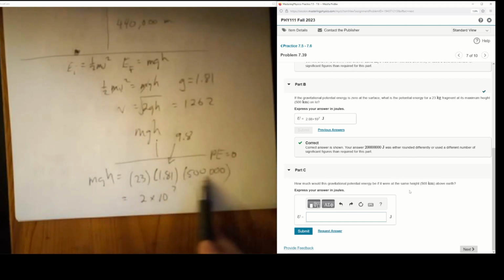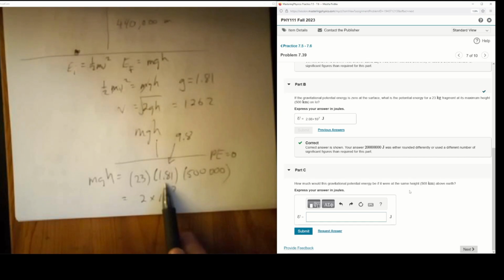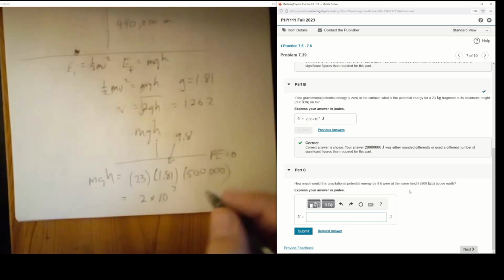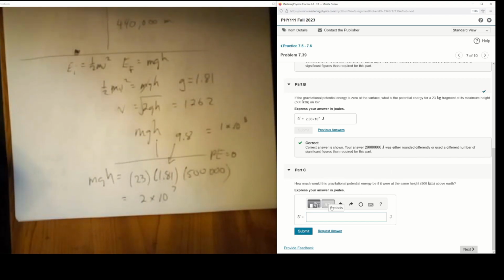So I'm just going to calculate the same number again, but have 9.8 instead of 1.81. And that'll give 1 times 10 to the 8th. So that'll be 1 and then 8 zeros.